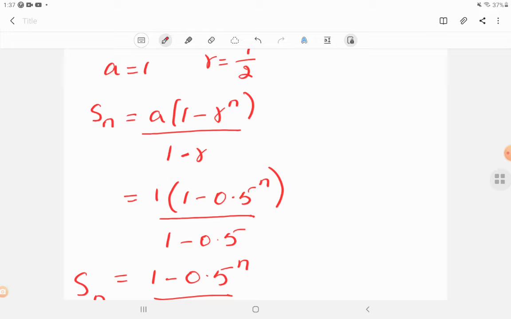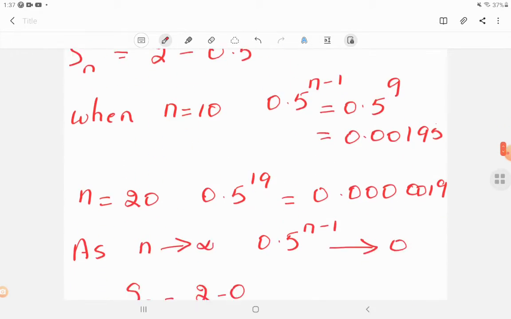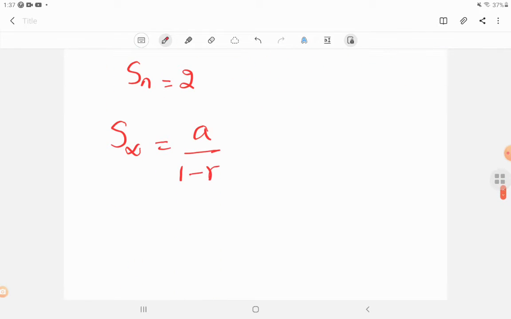So the sum of the infinite geometric sequence is equal to A divided by 1 minus r. This is only possible when the r value is between -1 and 1.